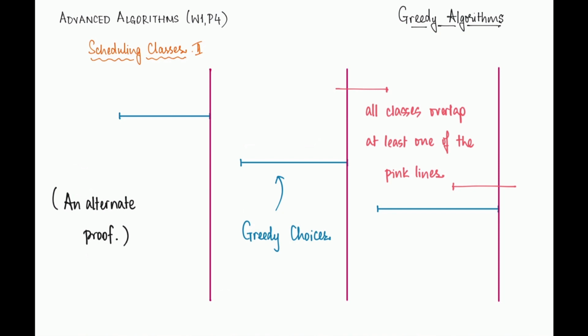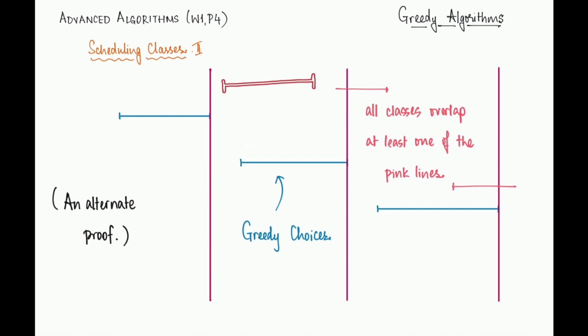That means that it must sit inside the region between two consecutive pink lines, which means that it probably starts somewhere here and it must end before we reach the next pink line. Take a moment to see why this is problematic and why such an interval cannot exist.